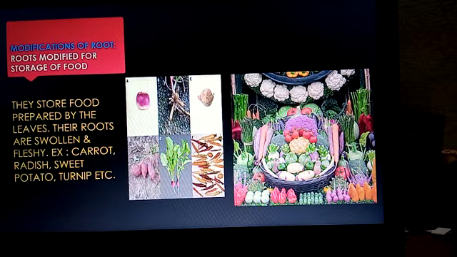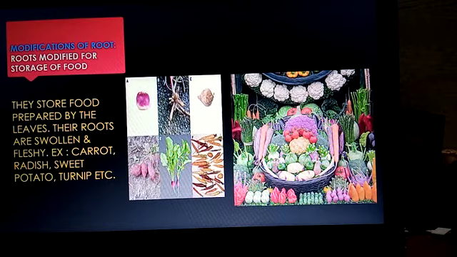Apart from absorption of water and minerals, soil conservation, and fixing the plant, keeping it upright in the soil, roots still perform some other functions. So those are called modifications.